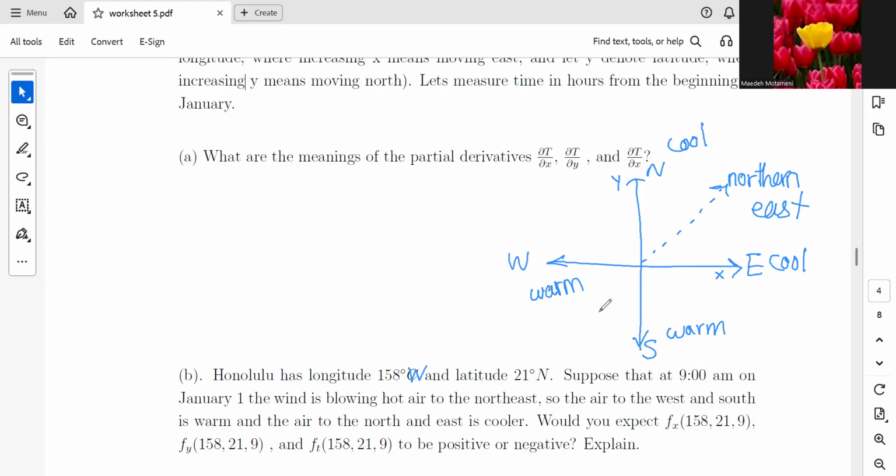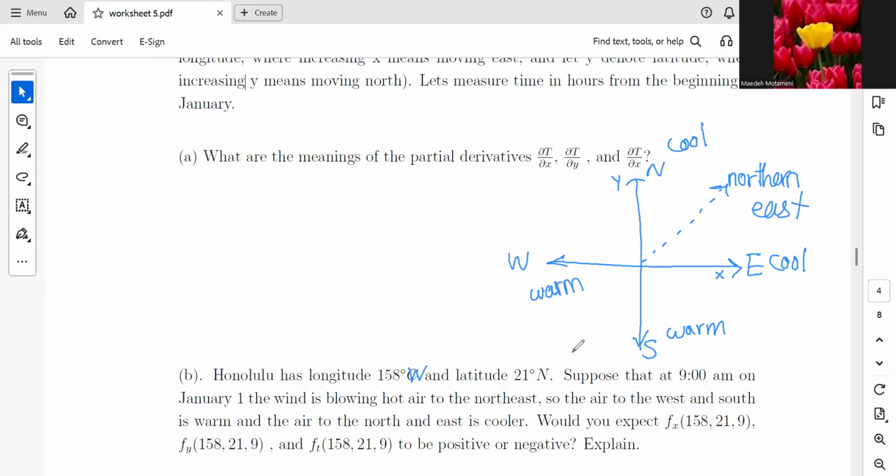And the question is, what do you expect for f sub x, which means first derivative with respect to x, derivative with respect to y, and derivative with respect to t? We know that these are rates of change using different points.